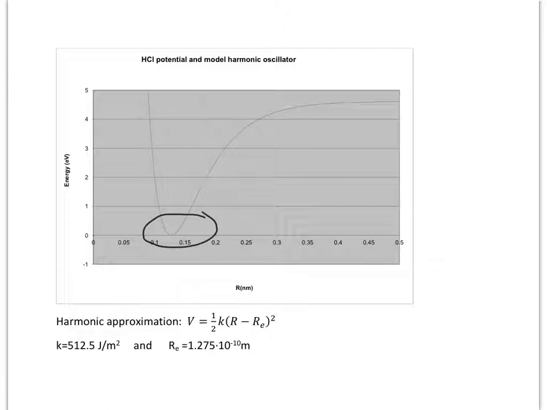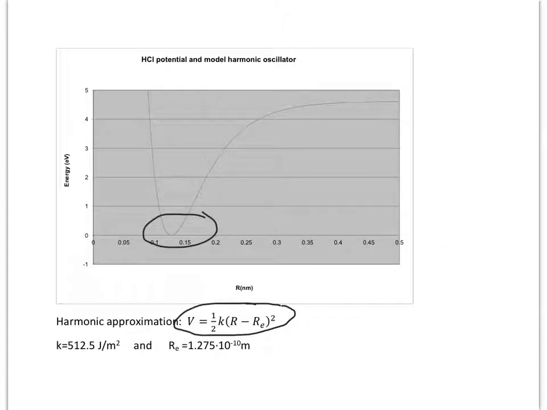So the harmonic approximation in general, we write the potential as 1/2 k times (r minus r_e) squared. So it's a parabola whose minimum is at r_e.